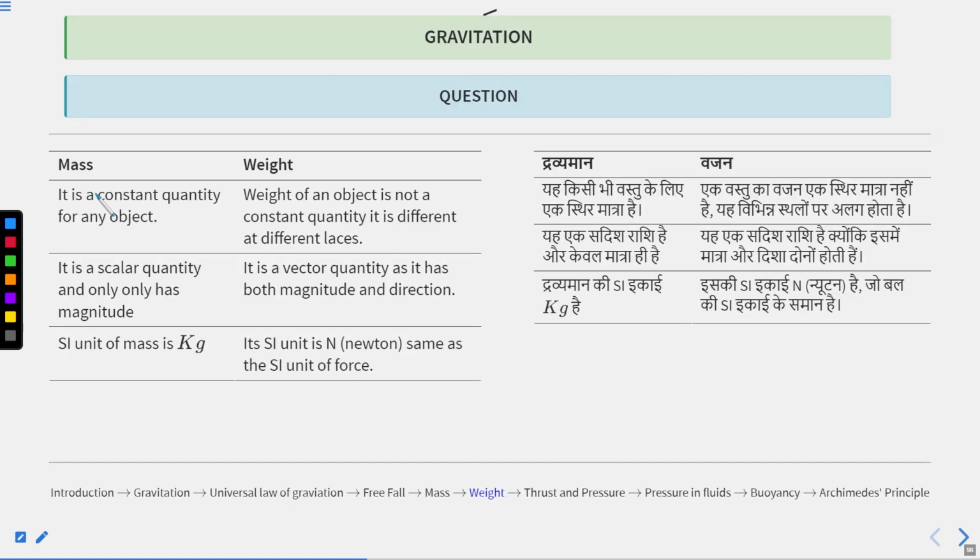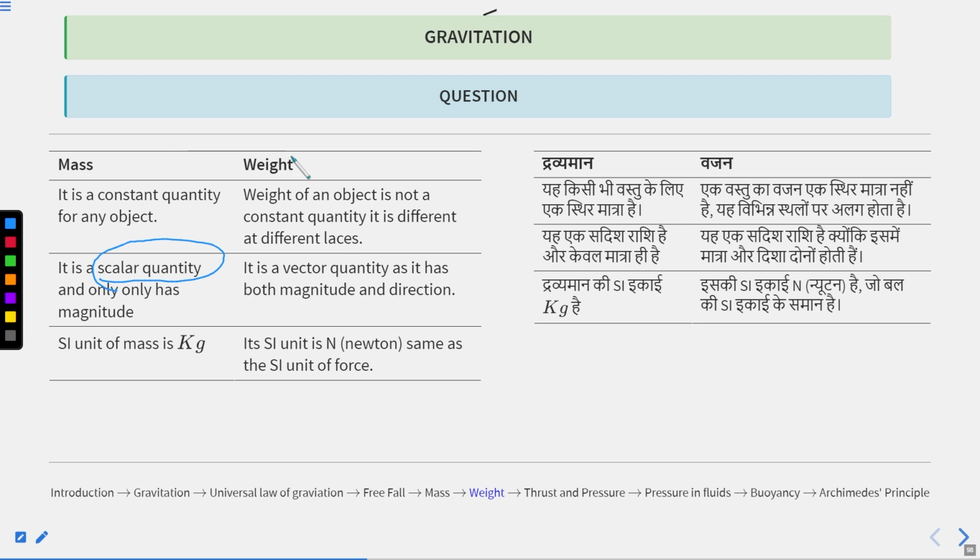Mass is always constant. It does not depend on place, okay, planet. It is always a constant quantity, whereas weight changes from place to place, from planet to planet. Mass only has magnitude, and those quantities which only have magnitude are known as scalar quantities.